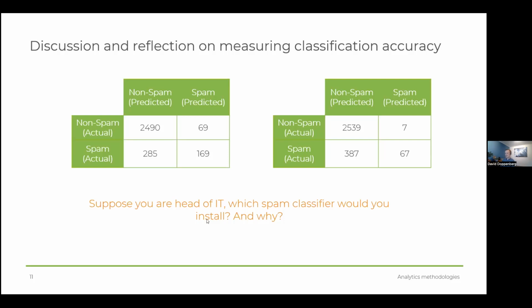You have the choice of two different spam classifiers, one on the left and one on the right. So you can see the data sets are the same, but the classifications are slightly different. As you can see, especially here, the left one identified 169 spam emails, while the one on the right only identified 67.